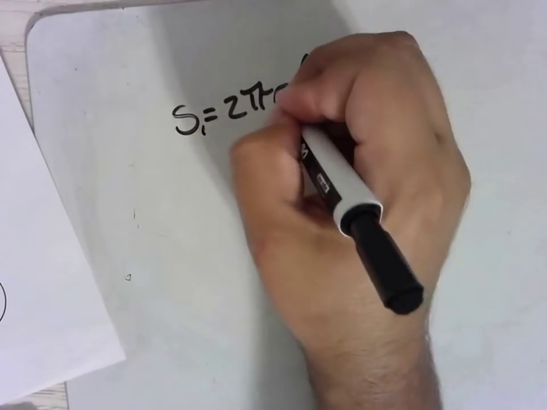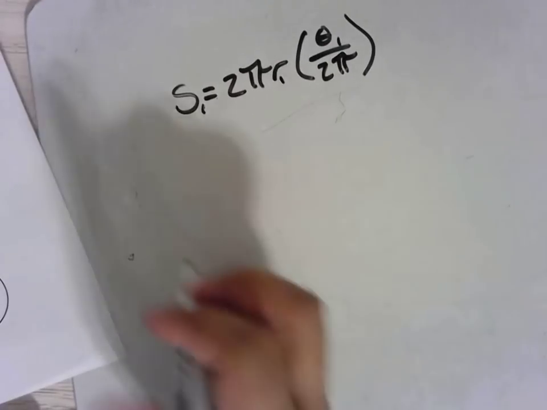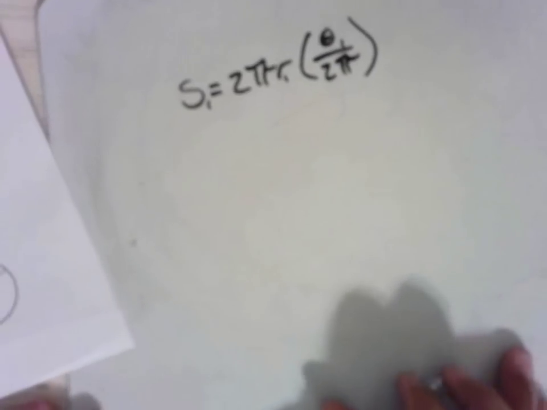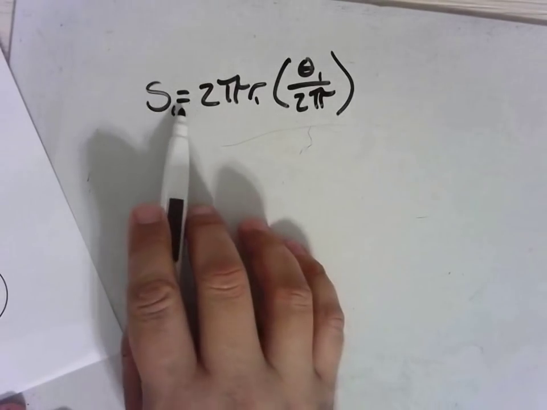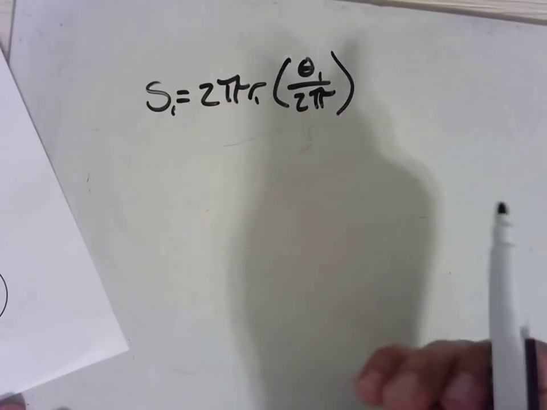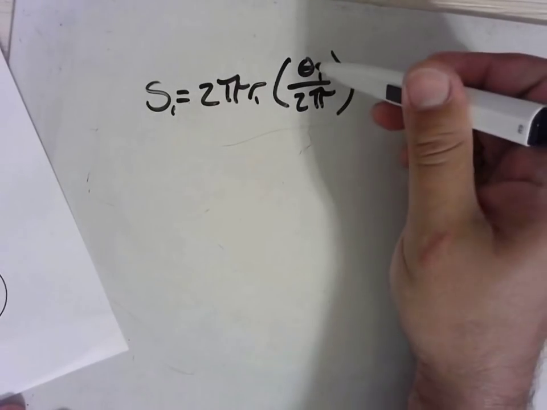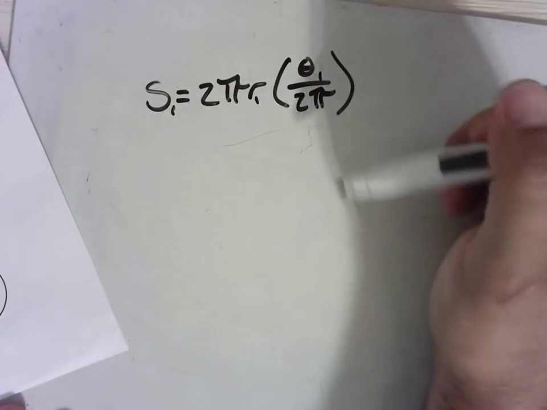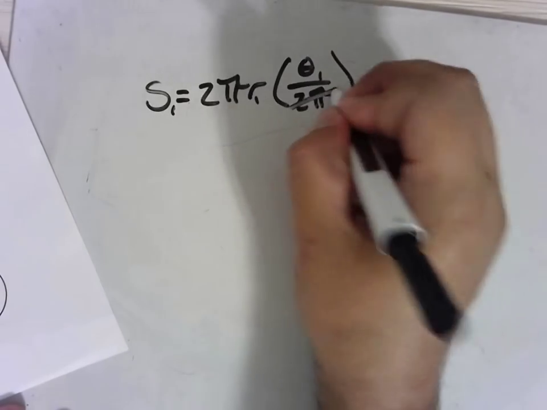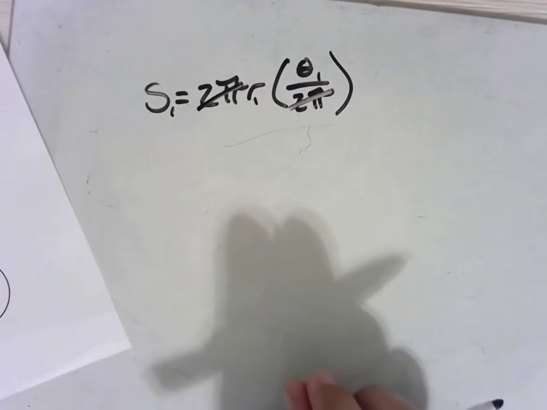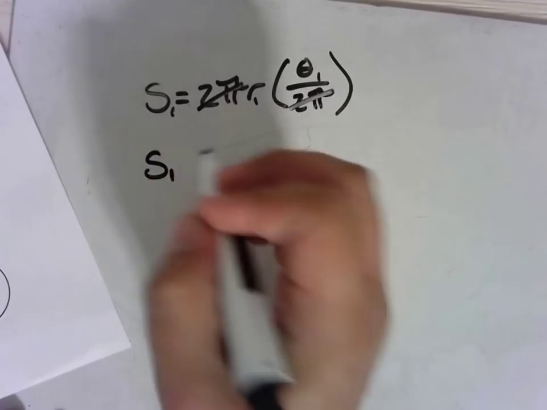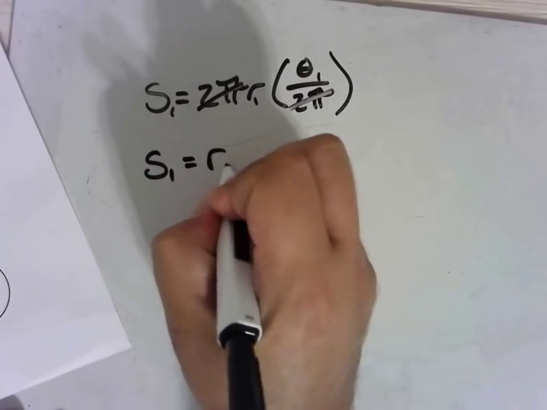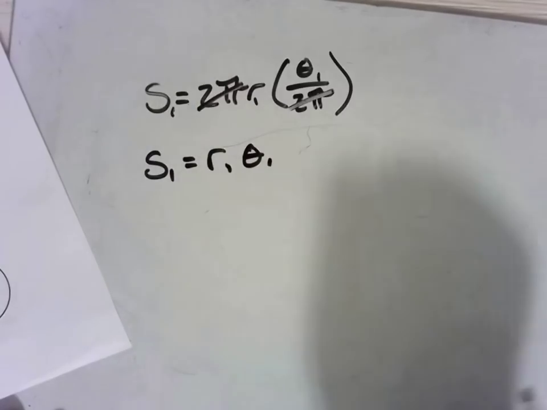So in circle 1, you have arc 1 is equal to 2 pi times radius sub 1 times theta sub 1 divided by 2 pi. So 2 pi divided by 2 pi, this is why they told you it's in radians, so that you would get the 2 pi. They simplify and you're left with arc 1 is equal to radius sub 1 times theta sub 1.